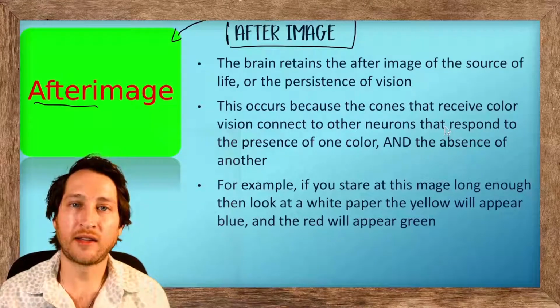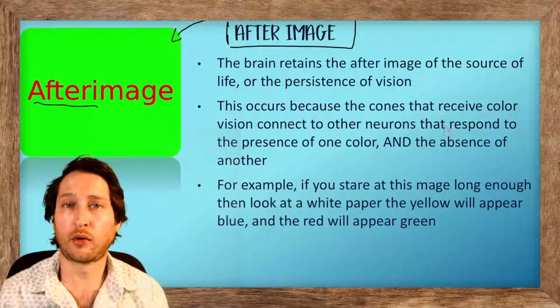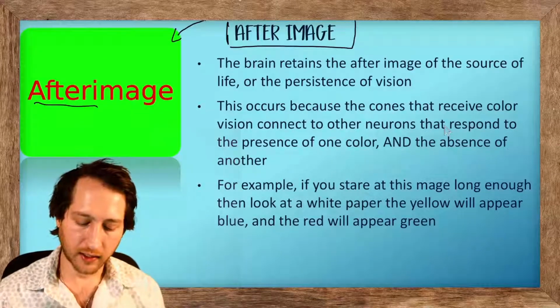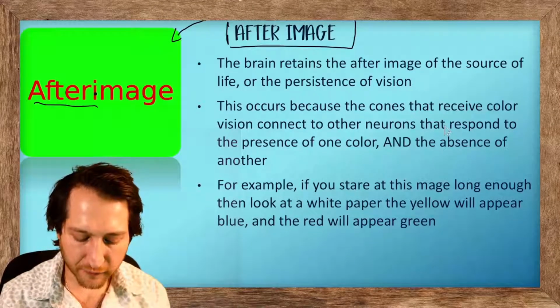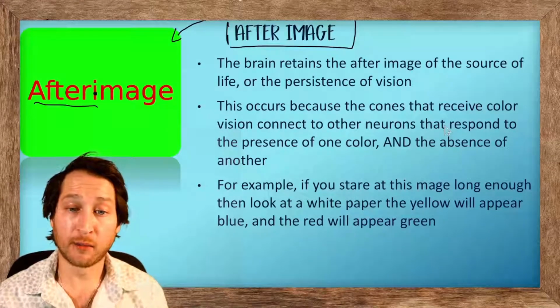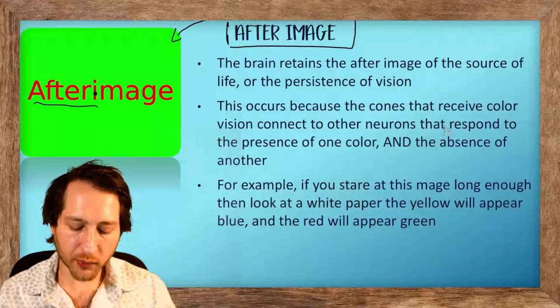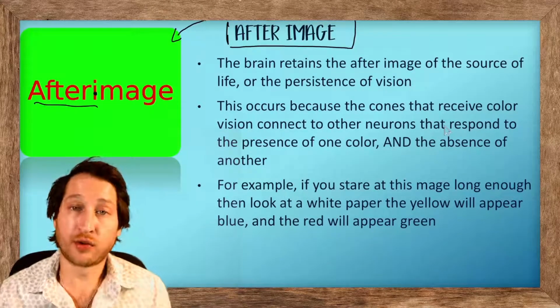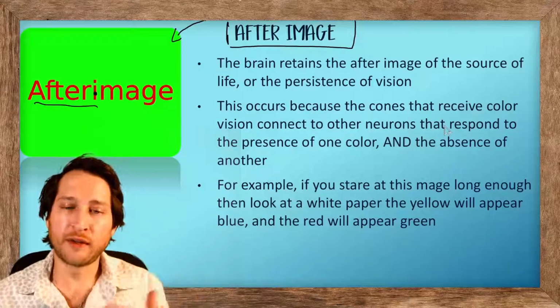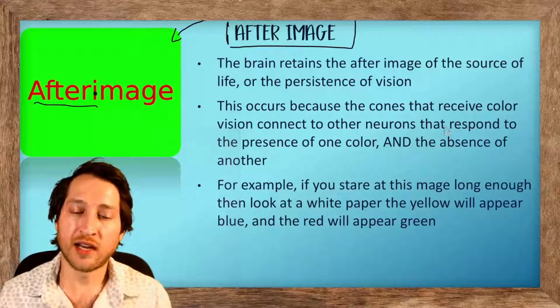So you stare at this image or a colored paper or an American flag, something like that, for like 30 seconds to a minute. And you stare at it really intensely, focusing on the center without moving your gaze. Try not to blink. Then you quickly remove this image or the color and put a white piece of paper, and you blink a few times, and what you see is what's called an after image.